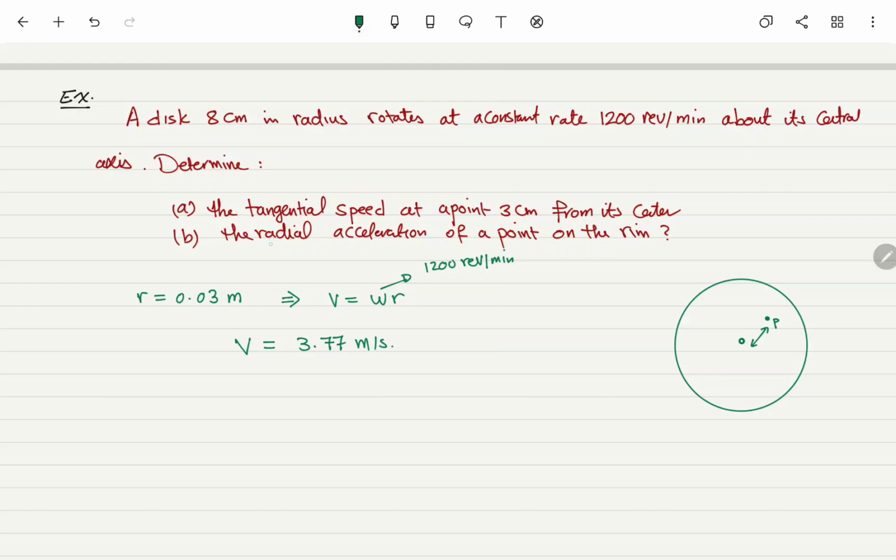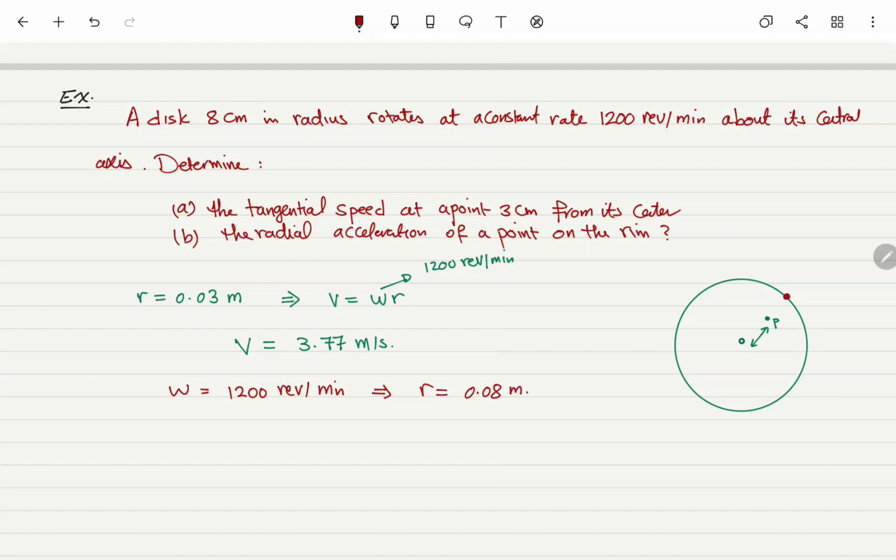Now the radial acceleration at a point on the rim, somewhere right here, we need to calculate the radial acceleration of that point. In this case, omega equal to 1200 revolutions per minute, and R is equal to 0.08 meters.